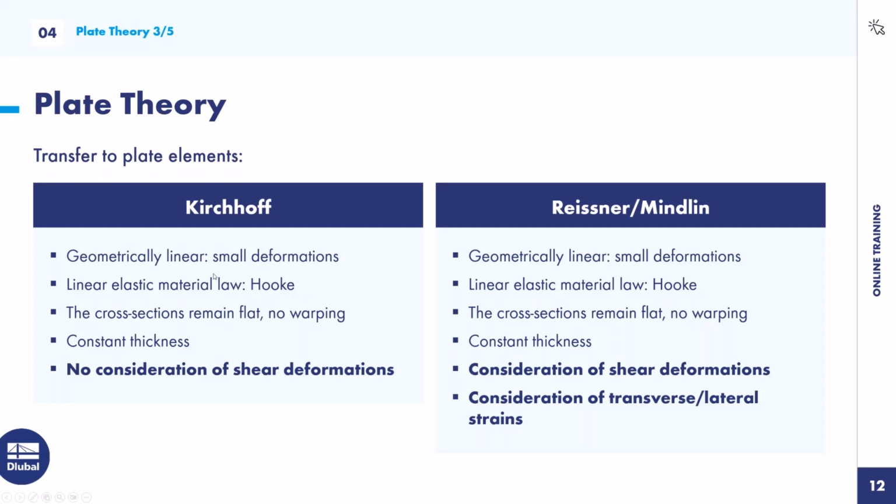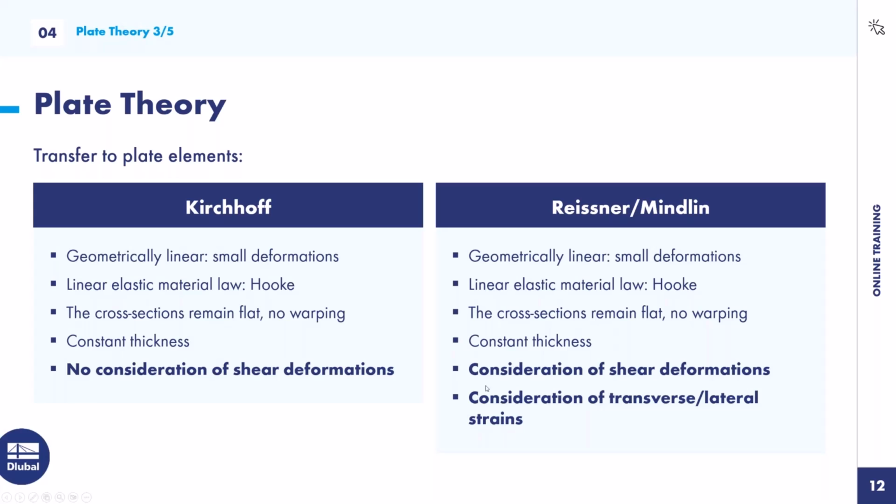We have geometrically linear and small deformations. We have that the cross sections remain flat and there won't appear any warping. We have a constant thickness. But for Kirchhoff, we don't consider the shear deformations, and for Reissner-Mindlin, we do consider the shear deformation.